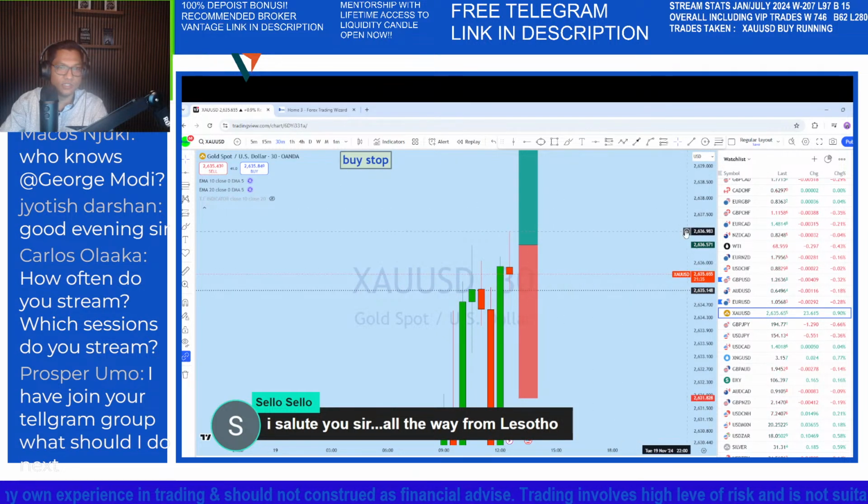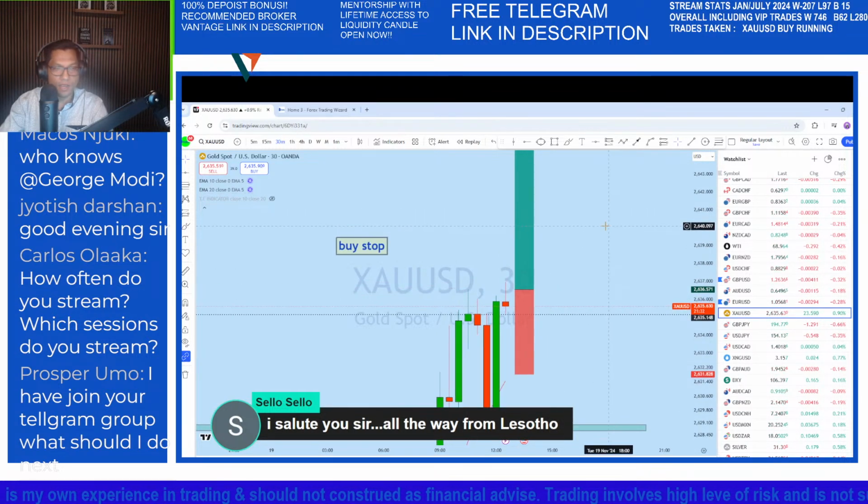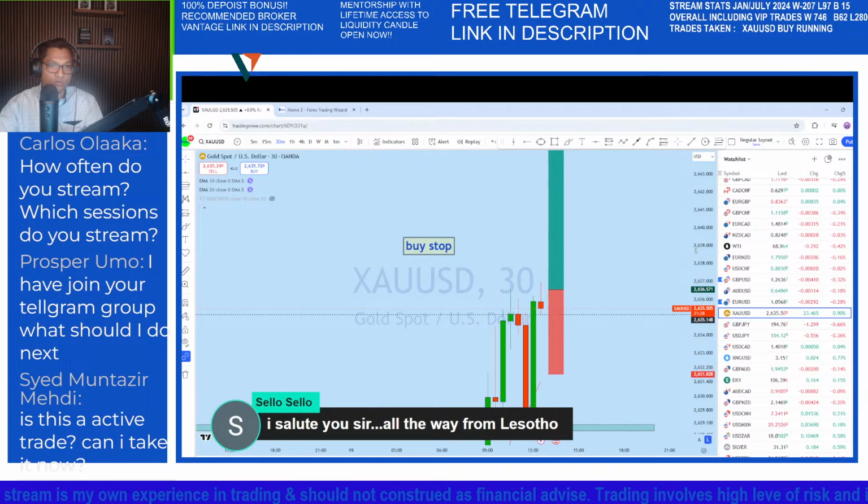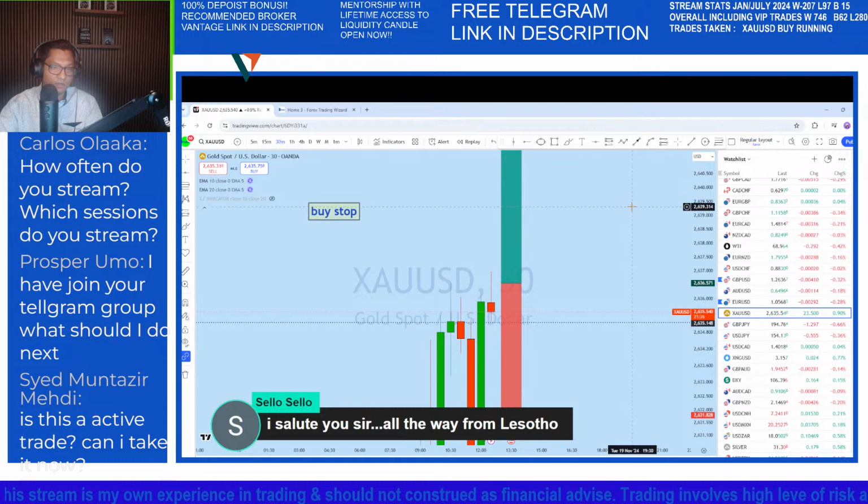I want to see that it's moving back up and then creating a new higher high. We need to see trend continuation, which is very important to see.